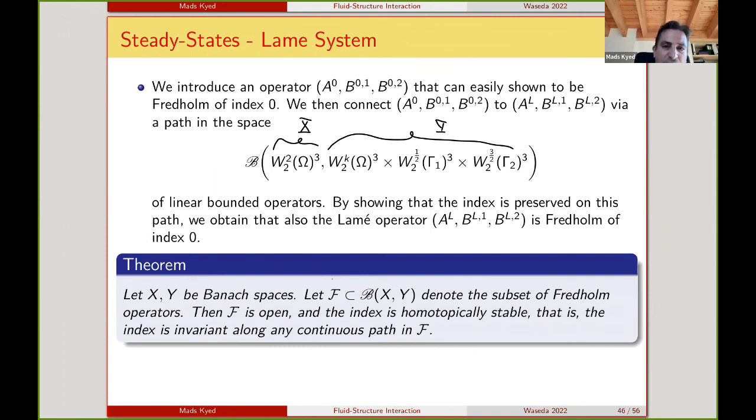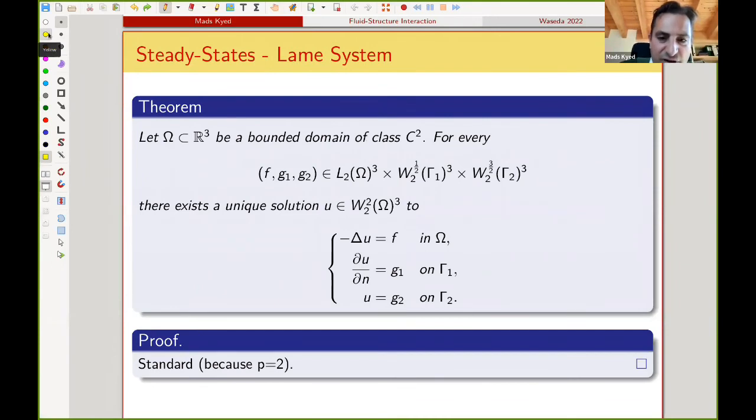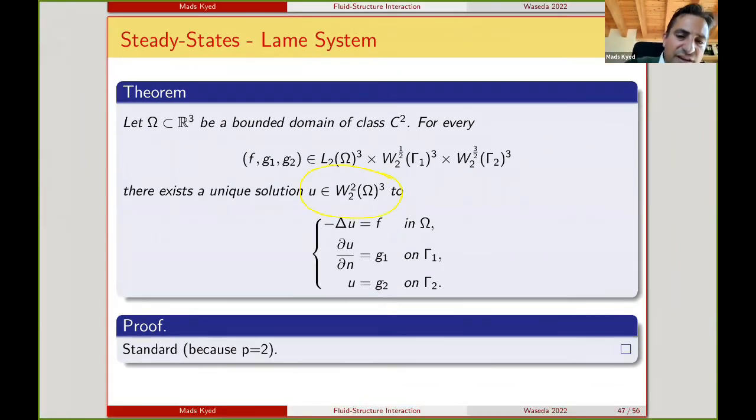Okay, now let me proceed and show you first the simple problem, where I can show by a standard theorem that the corresponding operator in the Hilbert space setting is Fredholm. So now we put p equal to 2. So we have the corresponding Sobolev Hilbert spaces for our data and the corresponding Hilbert space for our solution.